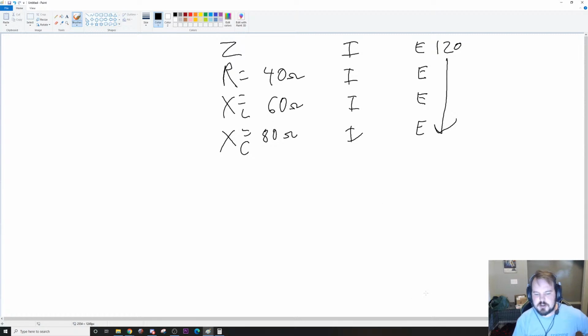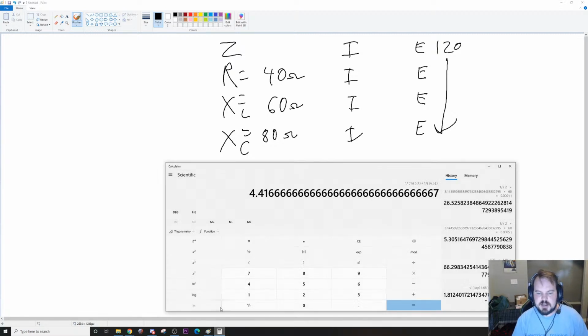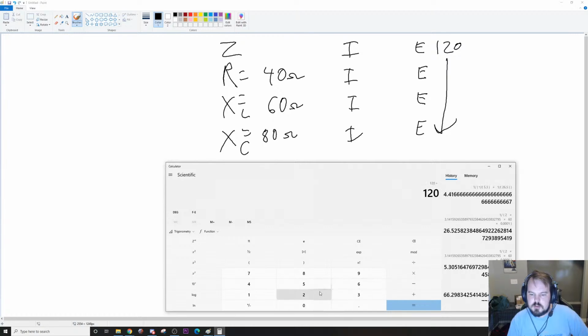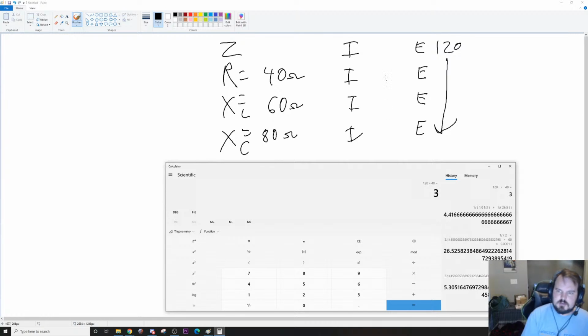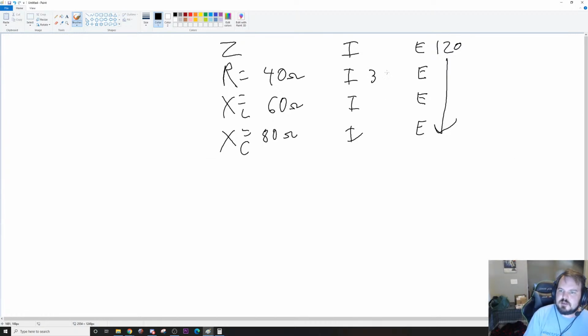So now you just take your calculator and divide it out using Ohm's law. 120 divided by 40 is 3 amps. 120 divided by 60 is 2 amps.